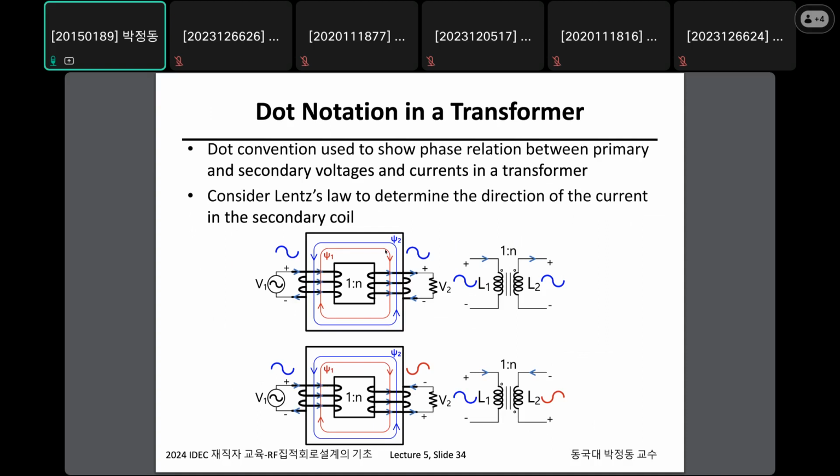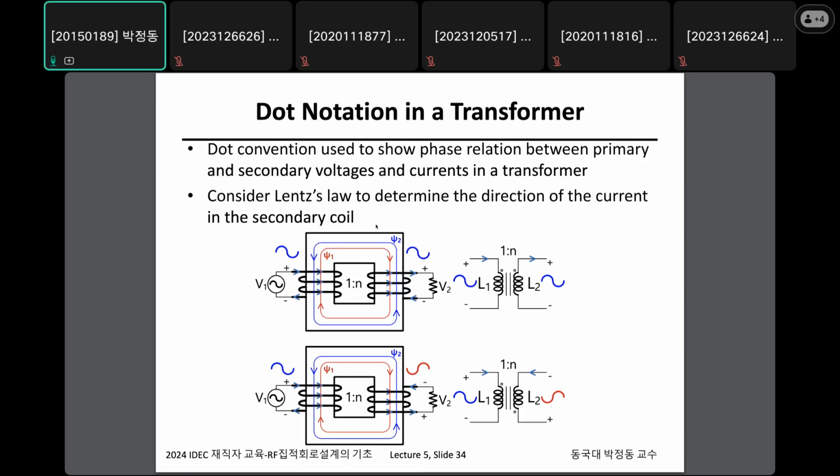So the induced time-varying magnetic flux will go through the area of the second coil, right? And since the induced current is opposing the induced flux phi 1, phi 2 is generated. So this phi 2 is circulating in the opposite direction, which is counterclockwise, right?